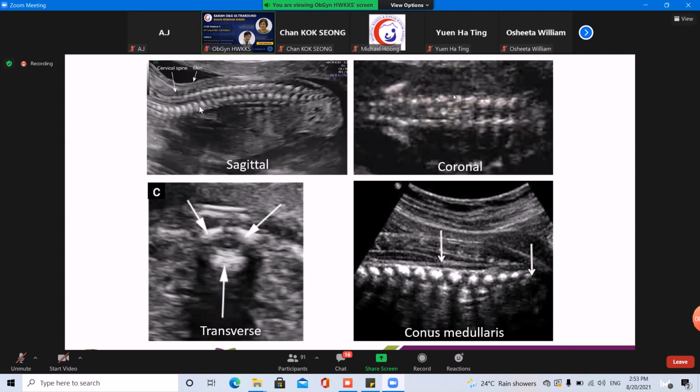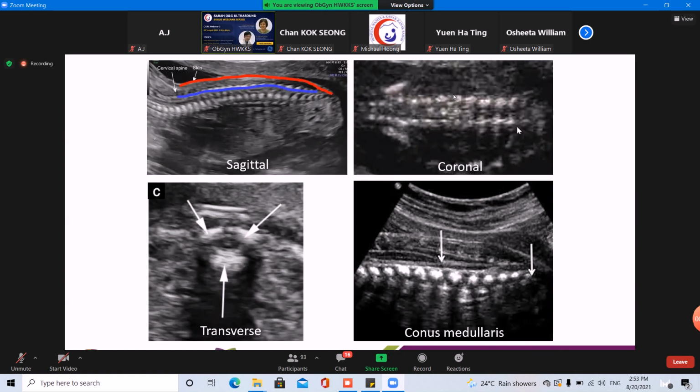Now, in the sagittal plane, we examine the whole spine. We examine the posterior elements and the body, and we can see that the alignment is normal without any bridging. But another very important structure that we have to examine is the overlying skin. We have to make sure that the overlying skin is also intact.